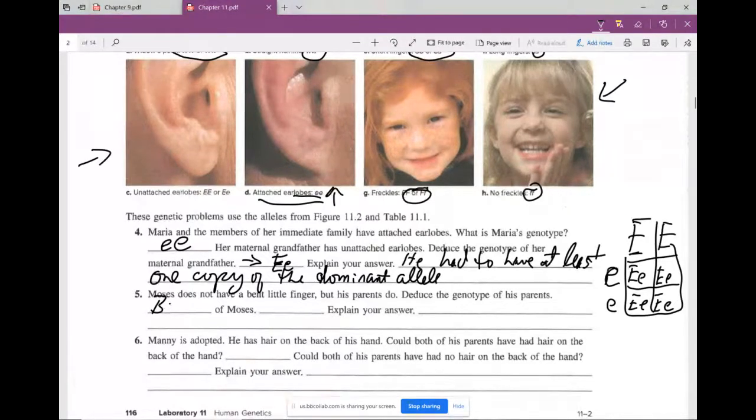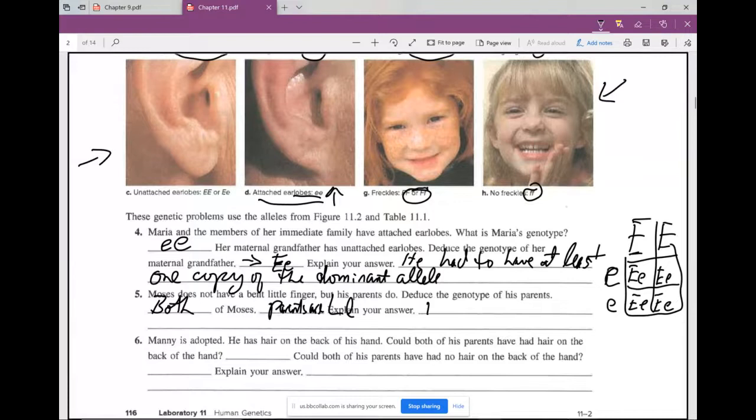The word they're looking for is both of Moses' parents are big L, little l. Make it fit. Answer. Why do both have to be big L? Because it would be a dihybrid cross, right? Sorry, not monohybrid.